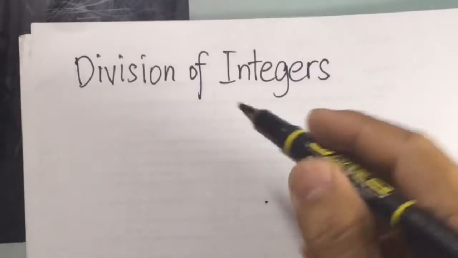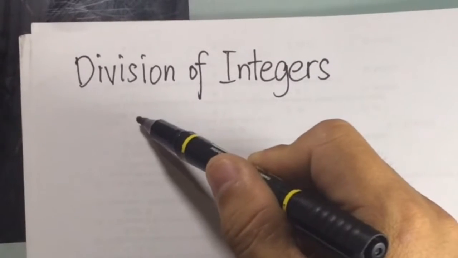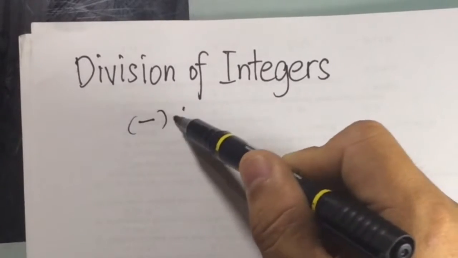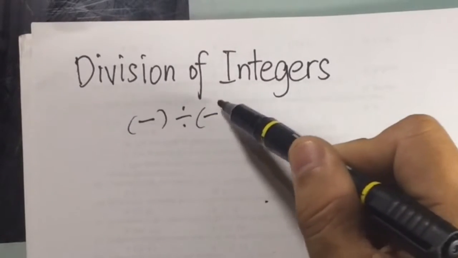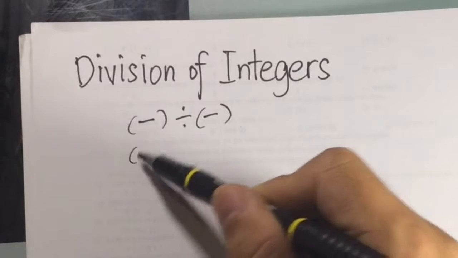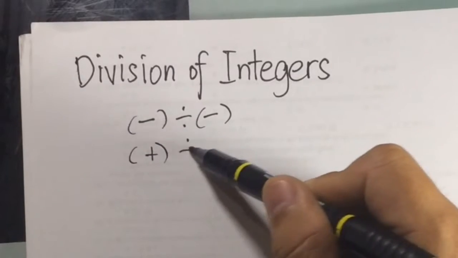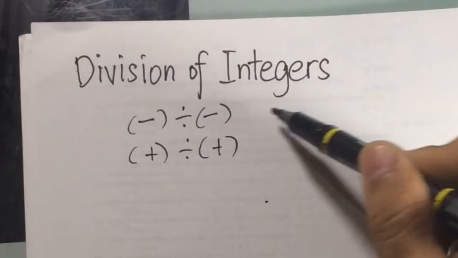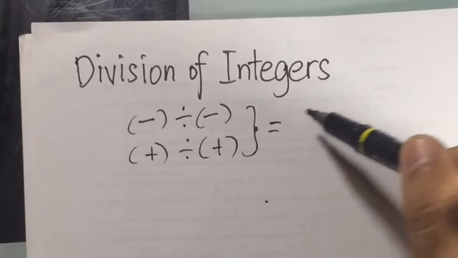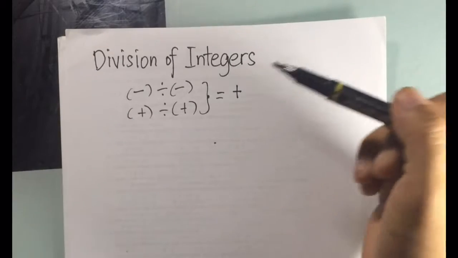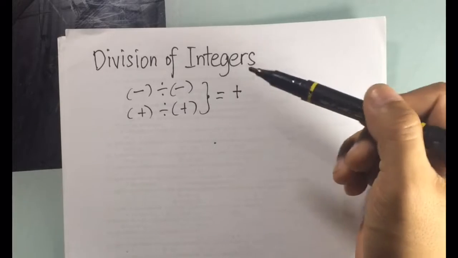So if we're going to divide like signs, so negative divided by a negative number and positive divided by a positive number, the result here will be positive. The same with multiplication of integers.